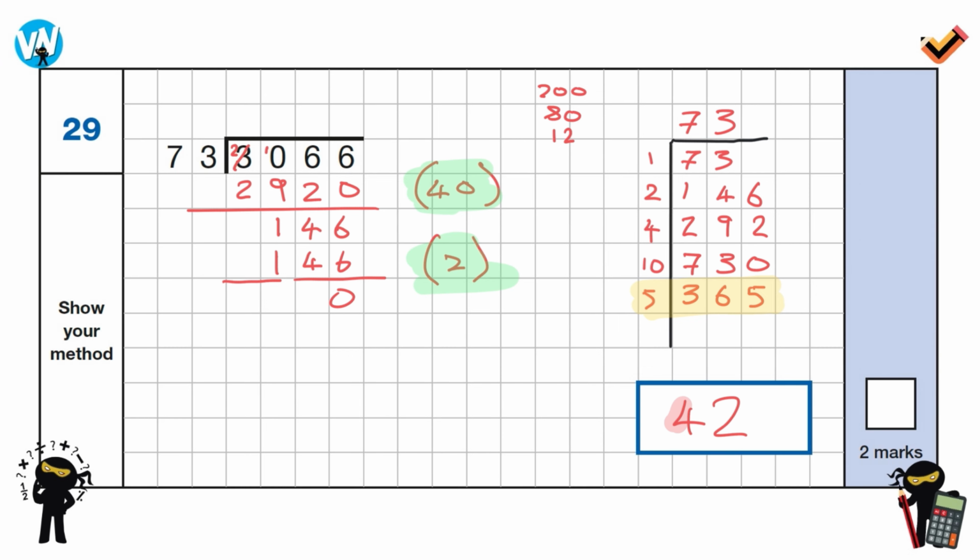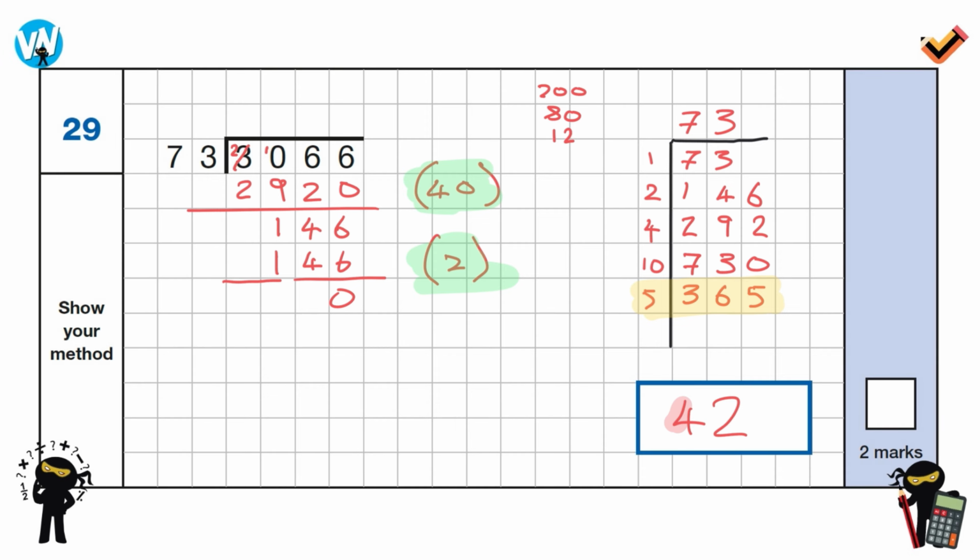So it was a great example, because we could have taken away 730, but we would have needed at least 4 chunks. We would have had to take away 730 four times, then taken away 2 lots. But if we can just see our number and go, right, this is 366, if I times that by 10, that would be 2,920. That's perfect.